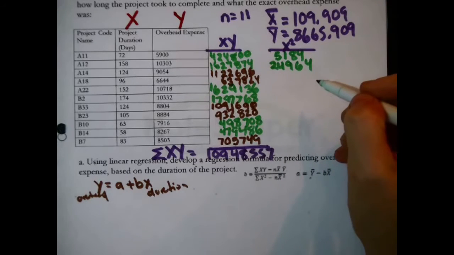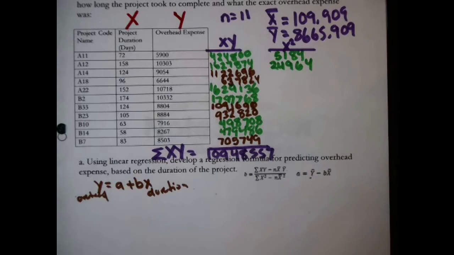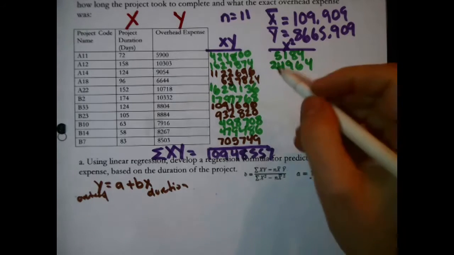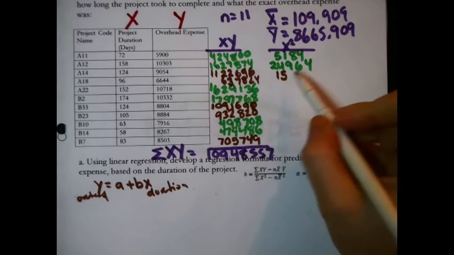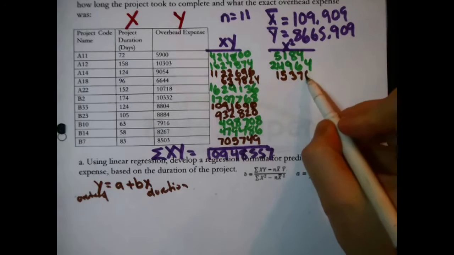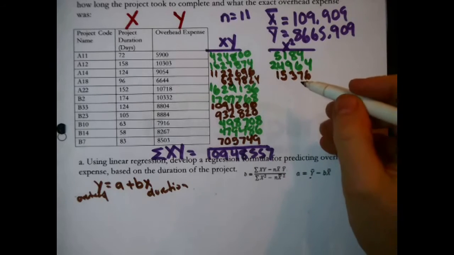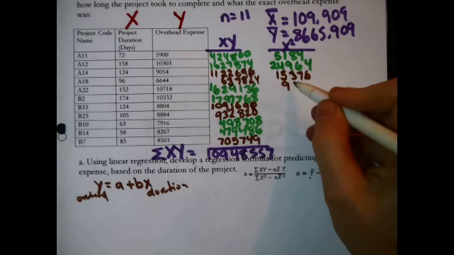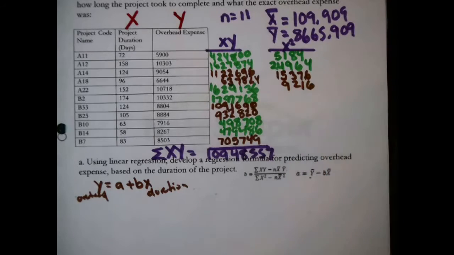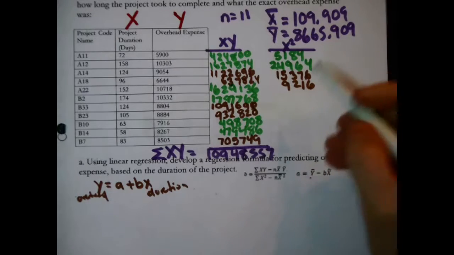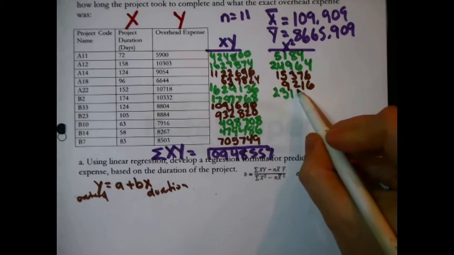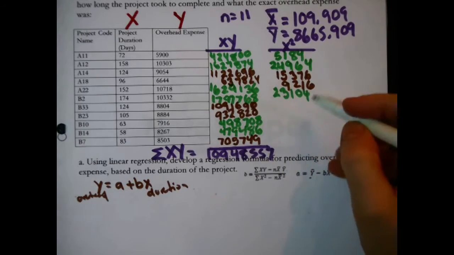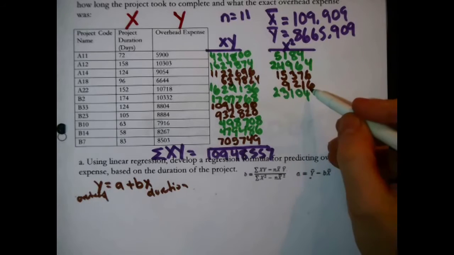And then 124 squared, I get 15,376. And then for the fourth project, square the x, 9,216. And then for the fifth project, square the x, I see 23,104. For the sixth project, square the project duration.